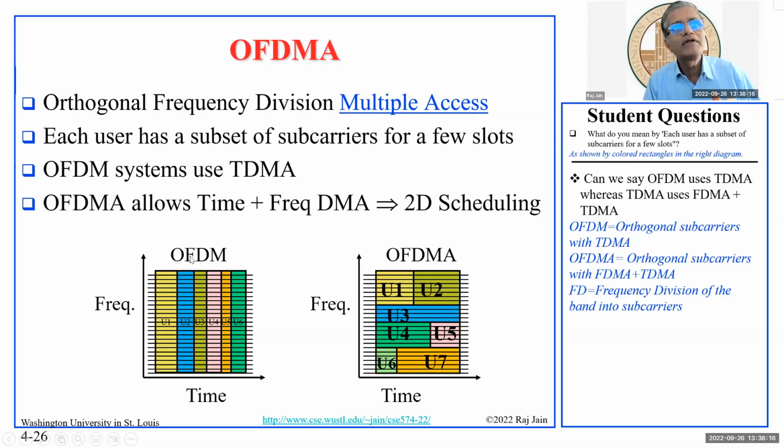So OFDM is the new thing, the realization that you should divide. So there is FDM here. Frequency division multiplex, frequency division, right? So just to be clarifying that, what is this thing for? So I put the word subcarriers, orthogonal, and they have to be orthogonal. So this is different from FDM, which was there before, in that these carriers are orthogonal.